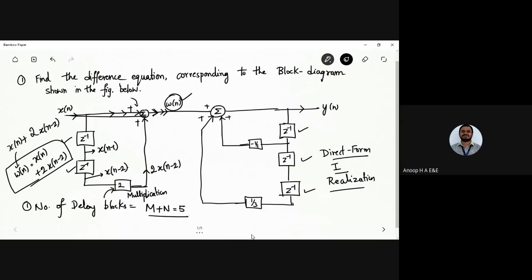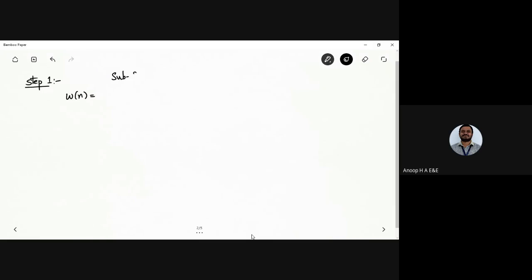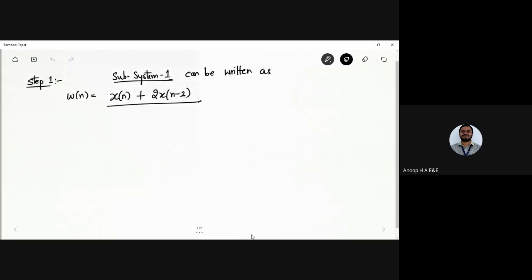After carefully analyzing subsystem 1, it can be written as w of n equals x of n plus 2 times x of n minus 2.